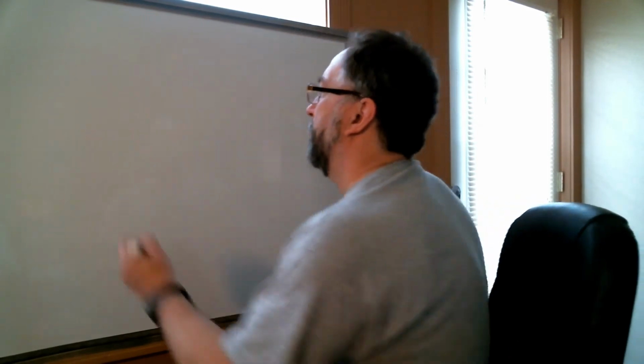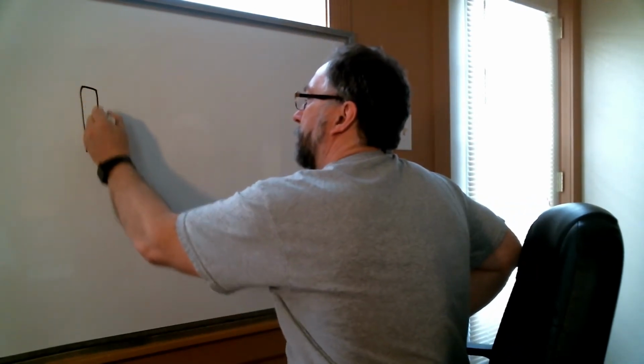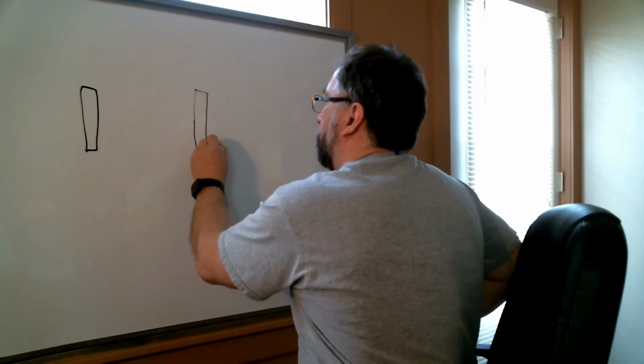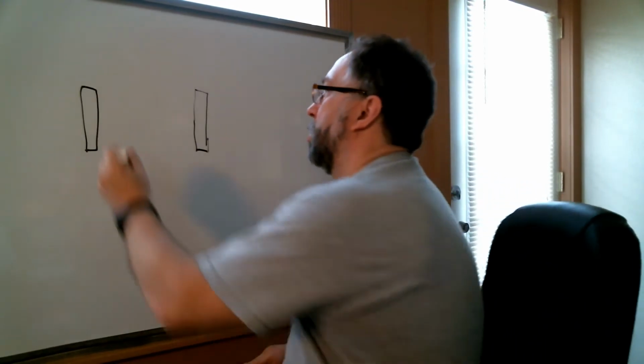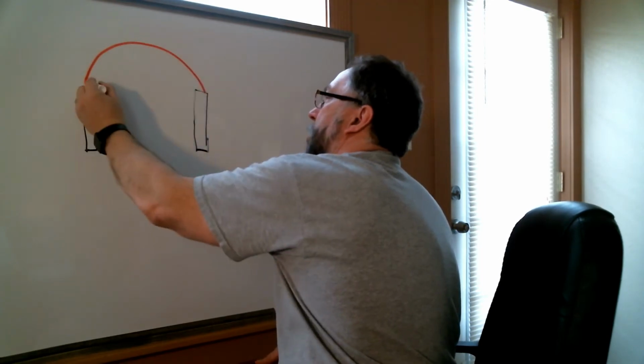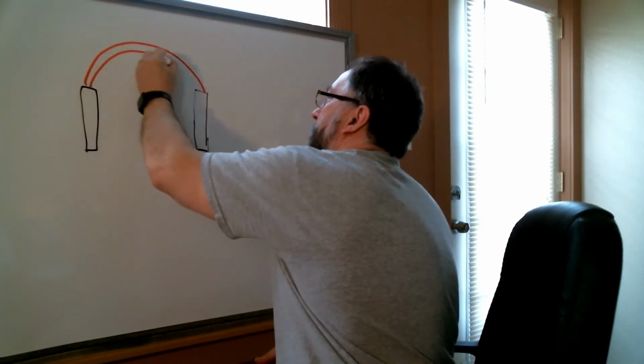Okay, set that there. I go like this here. A couple of pumps. These are the cylinders. They're supposed to be pumps, right? From this pump, we've got a hose coming out like this. Got a hose coming out like this.